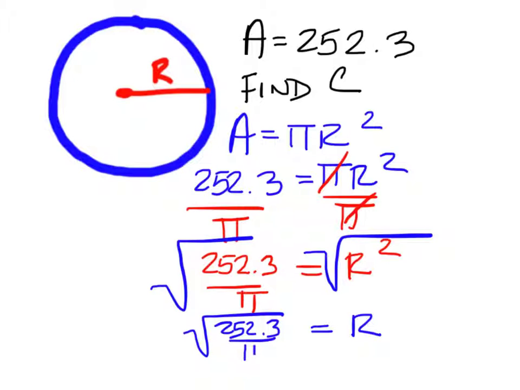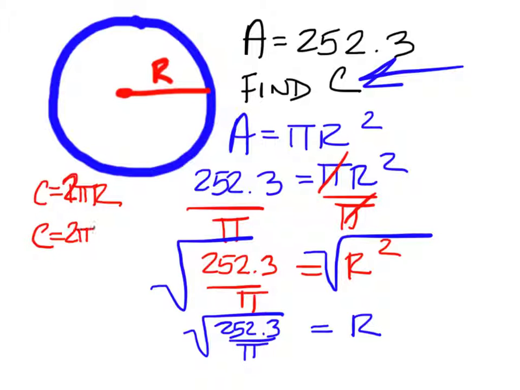Now the formula for C, which is what you're finding, is C equals 2 pi r. So we keep the 2 and the pi, but we plug in what we found here, the square root of 252.3 over pi.